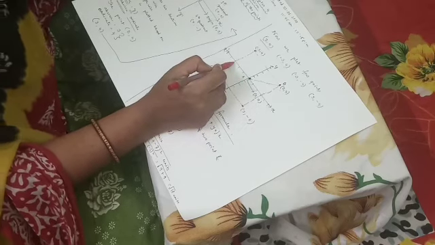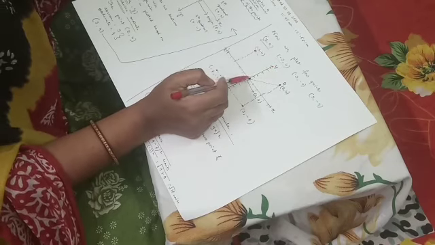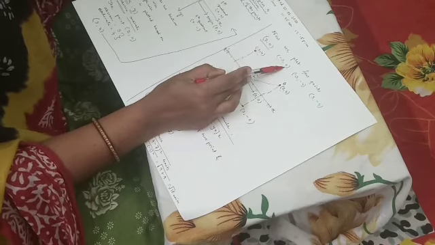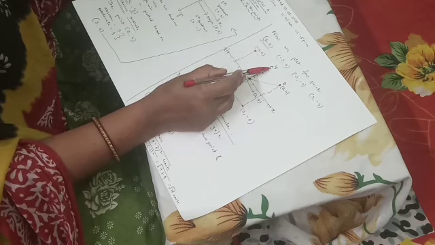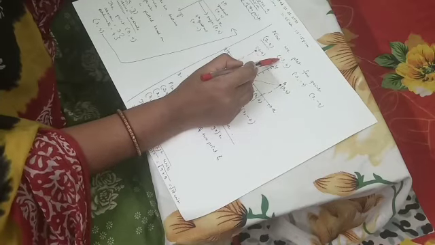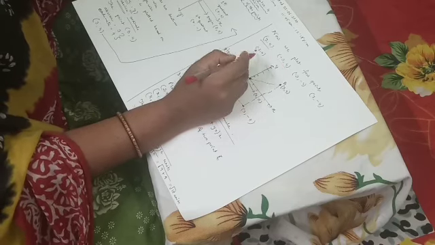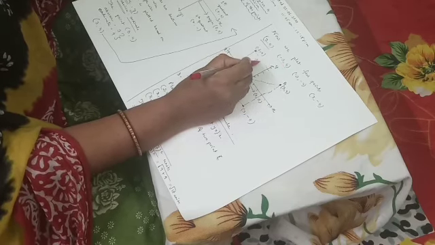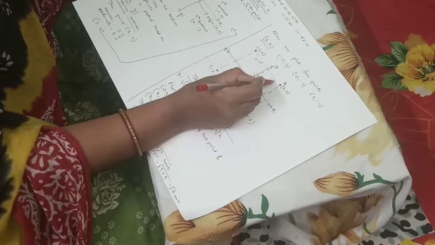Abscissa is minus 3 and ordinate is 4. But look, the ordinate value is positive. So which side of the quadrant? Obviously, since abscissa is negative and ordinate is positive, it will be in which quadrant? The second quadrant. First one was the first quadrant.